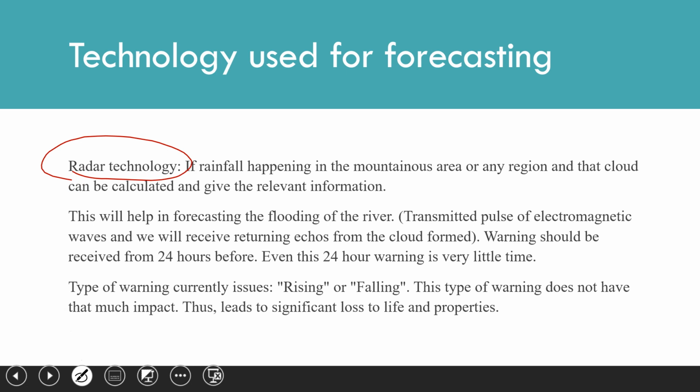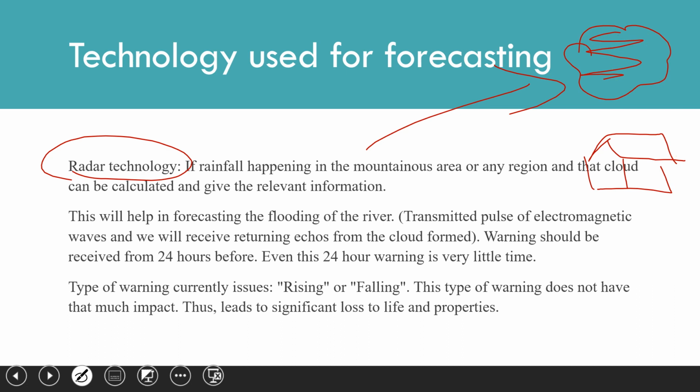How this radar technology is used, I will explain here. It calculates the amount of cloud accumulated over one region. If the cloud is too much, then it will forecast that it will get heavy rainfall or less rainfall. But there is also one issue, I will explain it in the next slide.